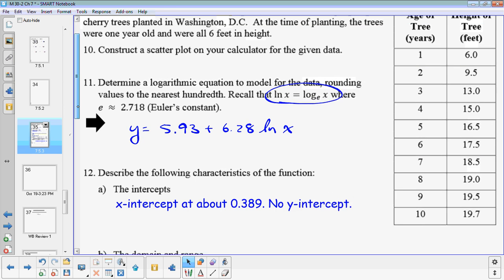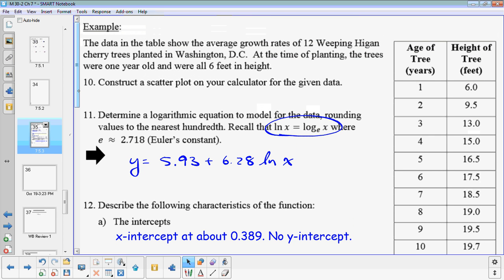Domain and range for this question. Well, here I want to look back at the information we were given in the question. So it's the average growth rate for 12 of these cherry trees. The trees were 1 year old and were all 6 feet high to begin with. That's all we know.